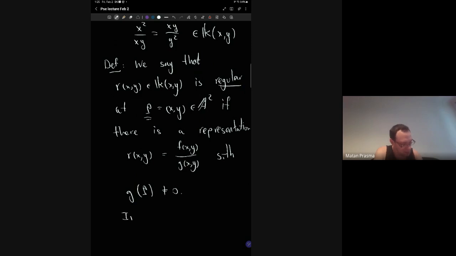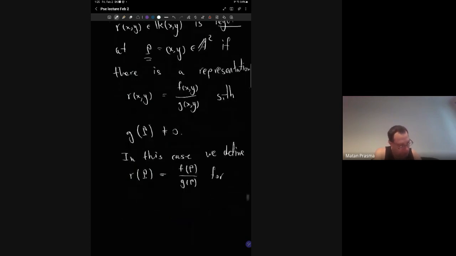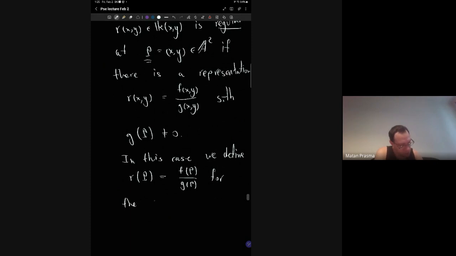In this case, we define the value of R at P as simply F(P) modulo G(P) for the appropriate representation.